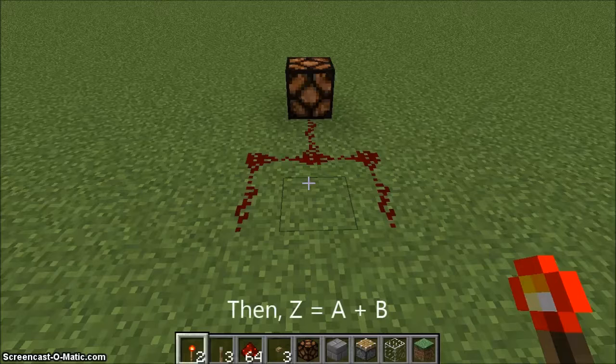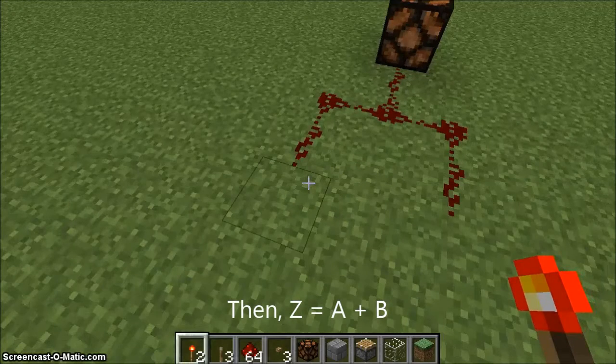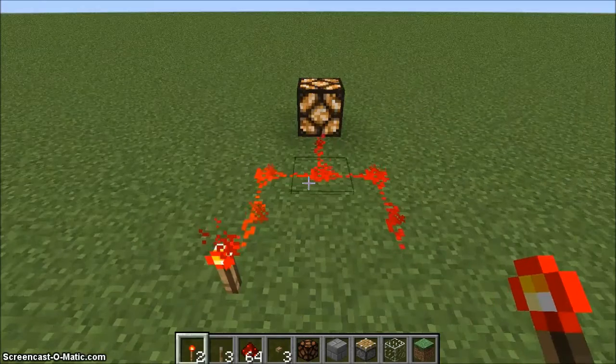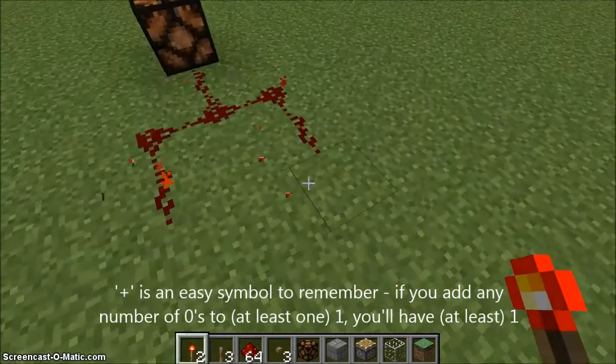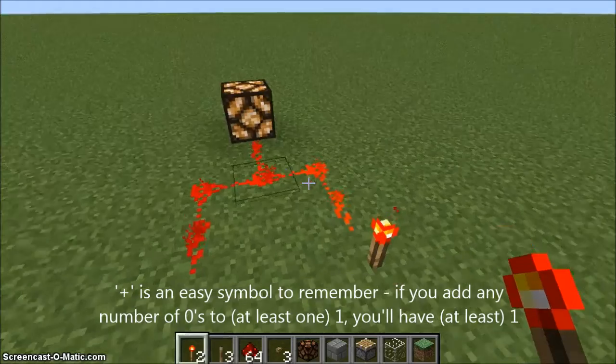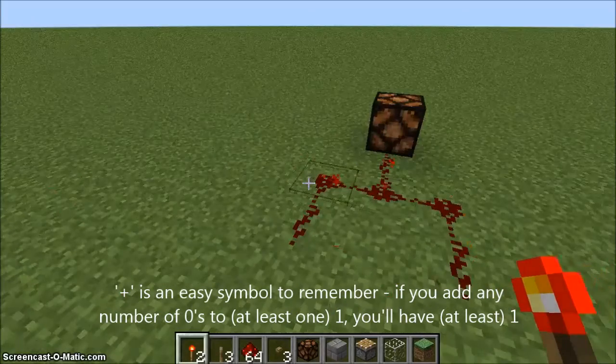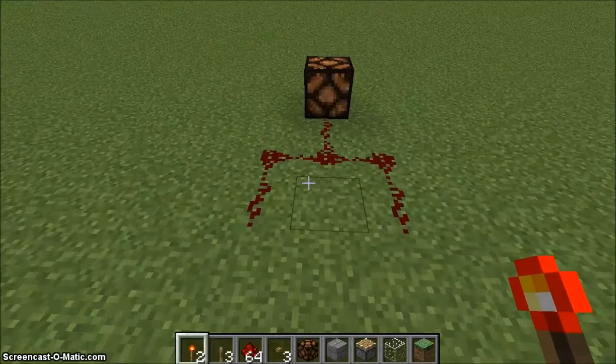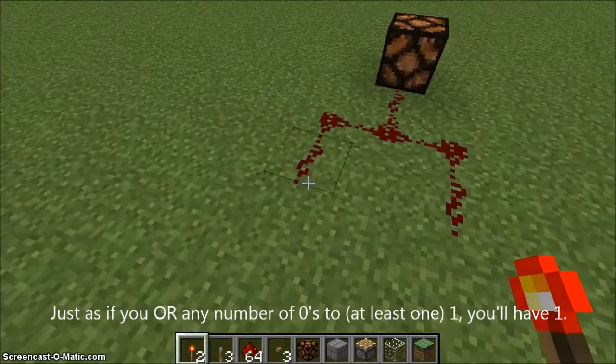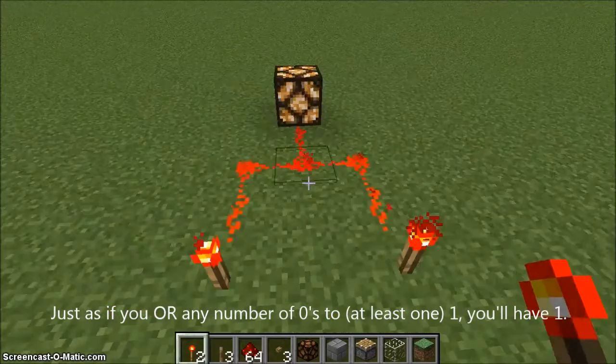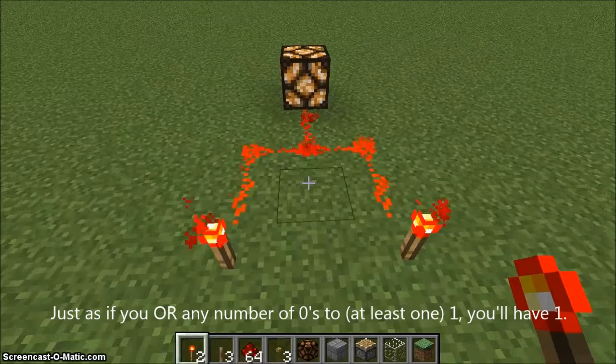For instance, with this redstone lamp, if I place a torch next to either of these redstone lines, the lamp will turn on. Another note about the OR gate, the output is also equal to 1 if both of the inputs are 1.